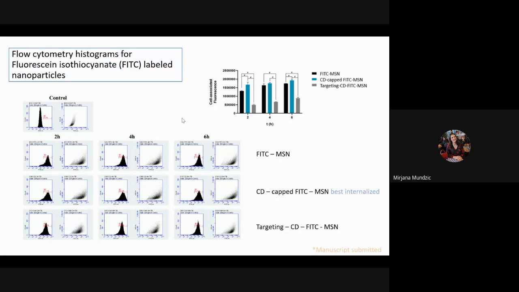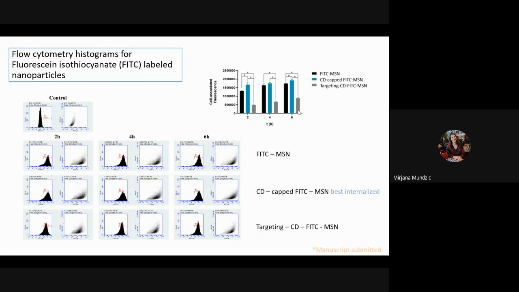So, flow cytometry histograms for those nanoparticles, again, the same three ones: the plain ones, the capped ones, and the ones with the targeting agents. And here it is probably much easier to see that the best internalized ones are the capped ones, which is strange because we expected the ones with a targeting agent to be best internalized.